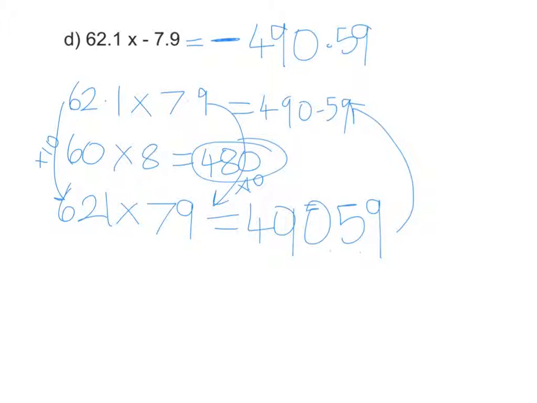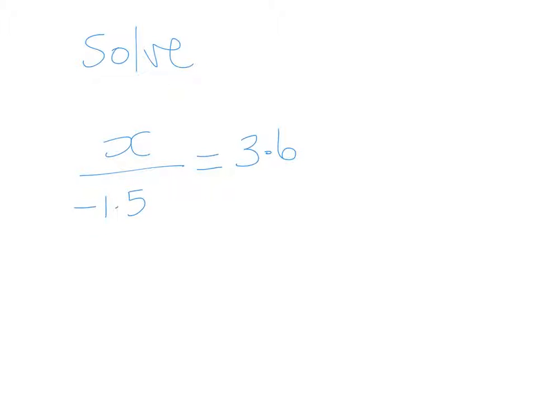Let's do one final example, which is similar to what some of you did in the challenge of the previous question. Just have a go at this. Okay, I have to solve, which means I need to find the value of x for which this is true. So I'm going to get x equals.